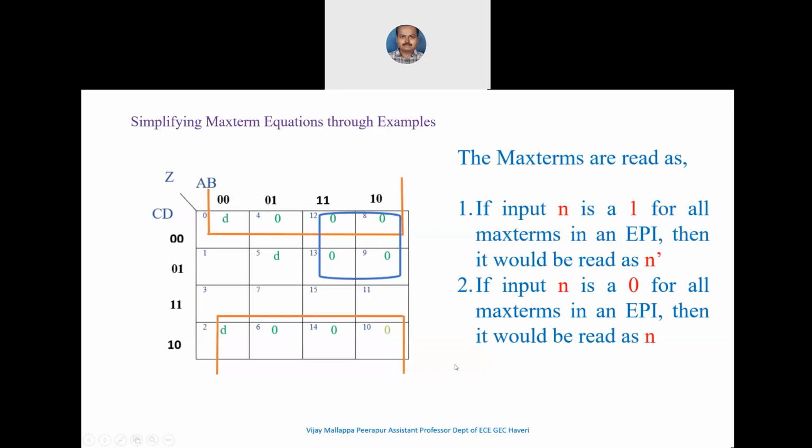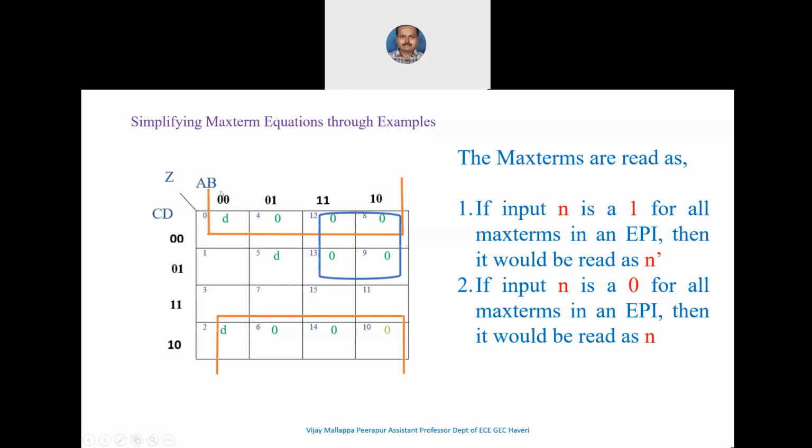We grouped it this way. We know how to read it. How do you read it now? As I said here, if it is 1, read it as n bar. If it is 0, read it as n. Similarly, what is common here? You can see here 0, 0, 1, 0. 0 is for the variable d. So you read it as d here. And what about this one? 1, 1, 1, 0. 1 is for the variable a. You read it as a bar.